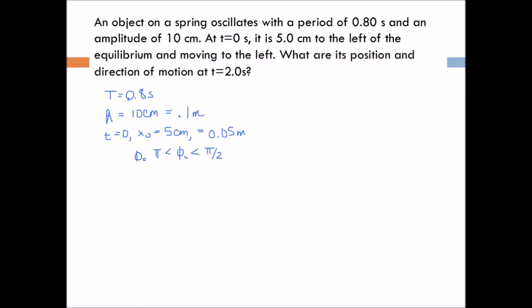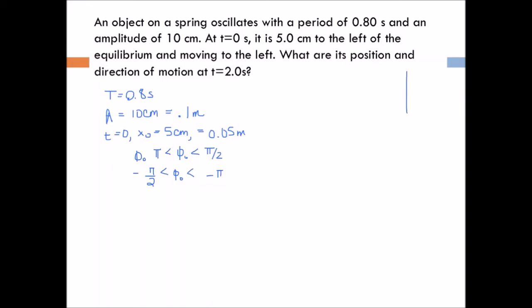This means that it's moving on the top half of our circle, or between negative pi and negative pi over 2, either moving at the bottom half of our circle.